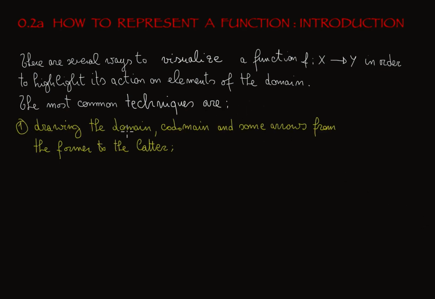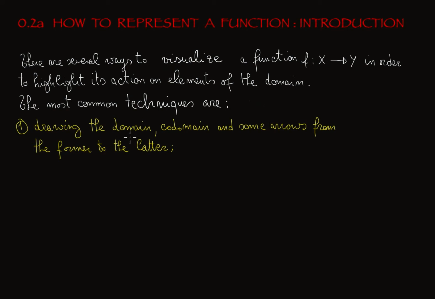One is drawing the domain, drawing the codomain, and then some arrows from the domain to the codomain, representing the images of a few selected elements in the domain. This representation has lots of drawbacks.